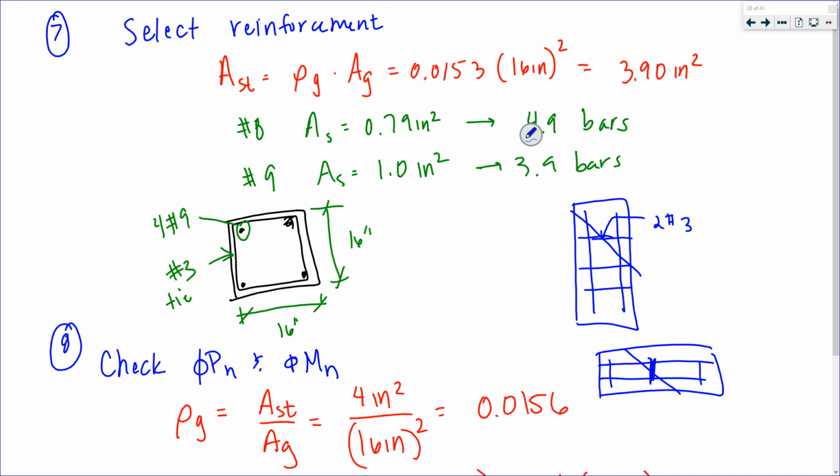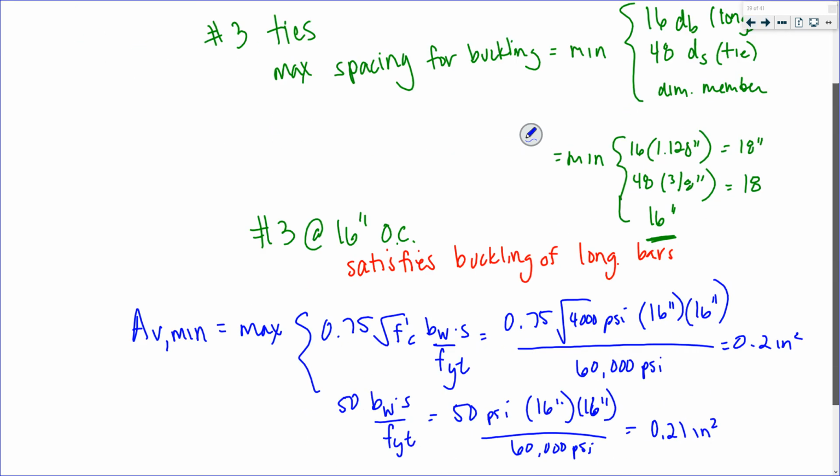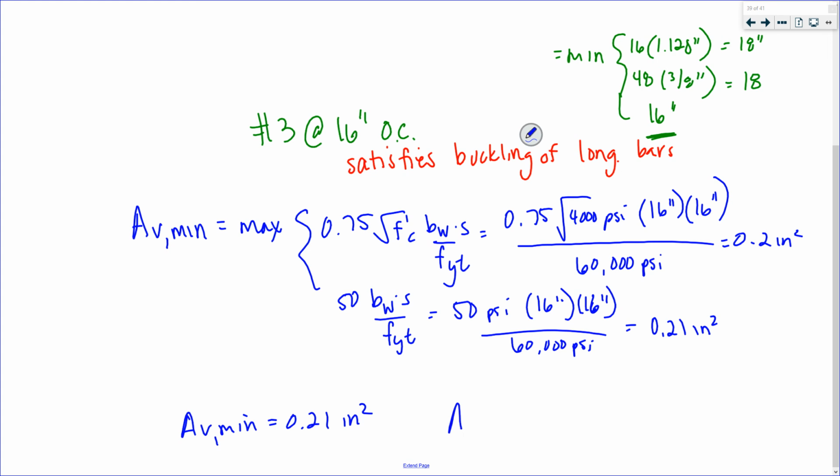So my AV is 2 number 3s, which is 0.11. So just barely satisfied AV min.